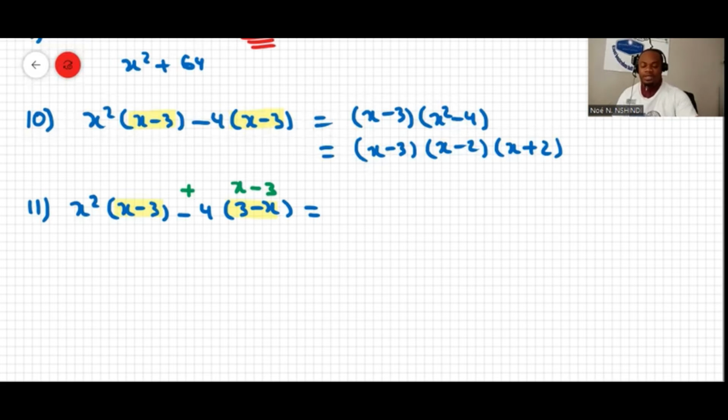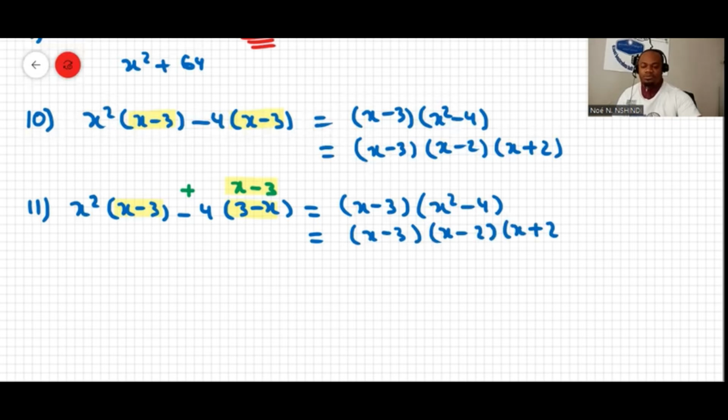Now we can take x minus 3 as common factor, and then x squared minus 4. Again, we can do x minus 3, and then x minus 2, and then x plus 2. Okay.